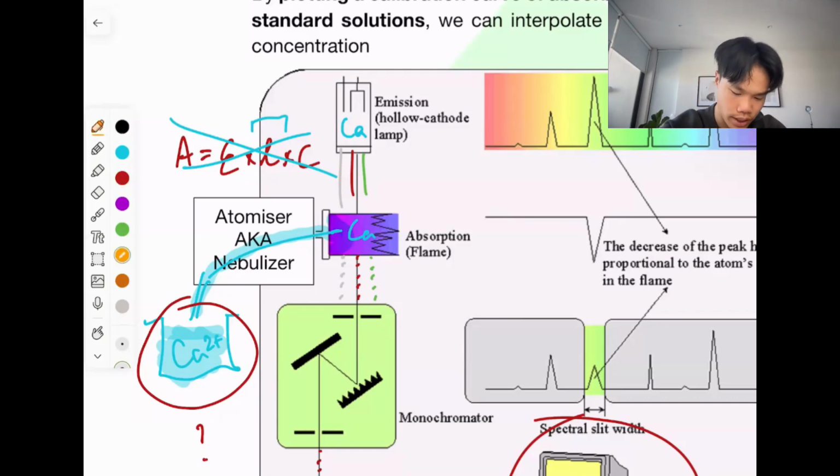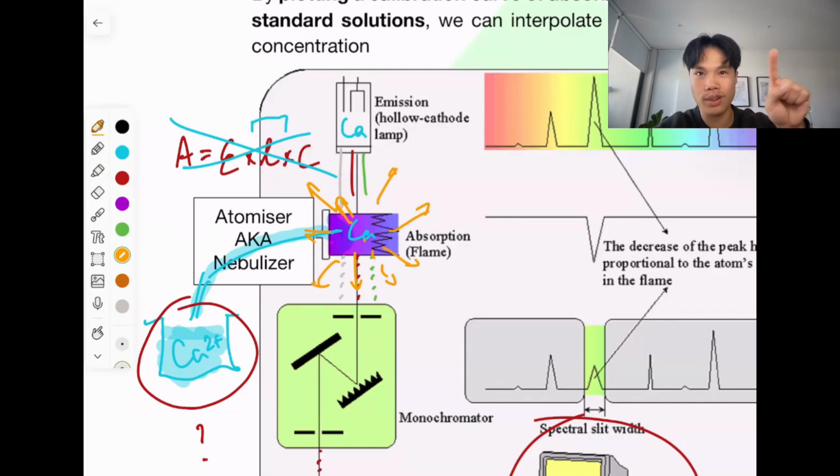So calcium would spray out light this way, this way, and out of the page and back into the page. Sure, some of it may go into the monochromator as well, but only this one beam is going to go in out of infinite directions around.